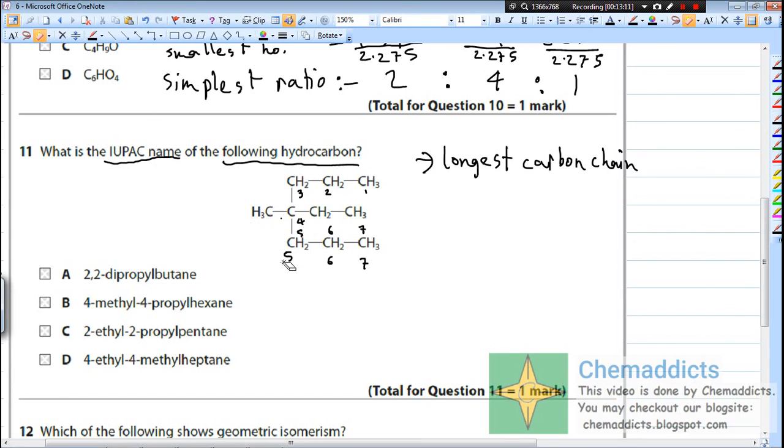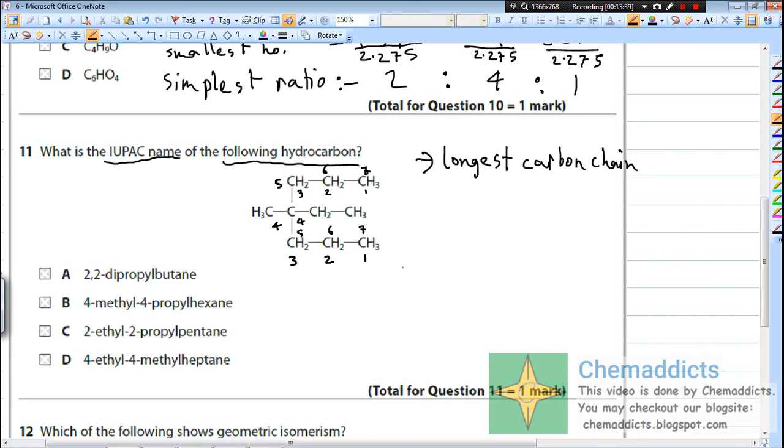If we count in the other way around, 1, 2, 3, 4, 5, 6, 7. So there are 7 carbon atoms in the longest chain.